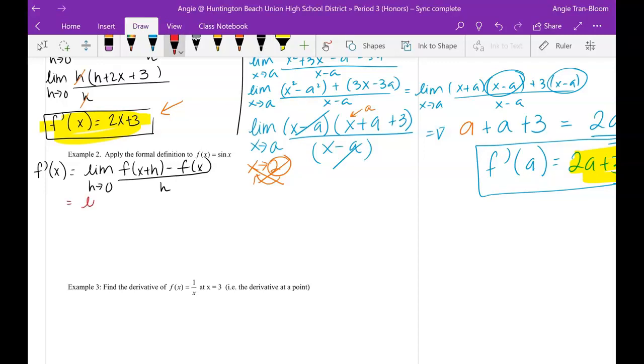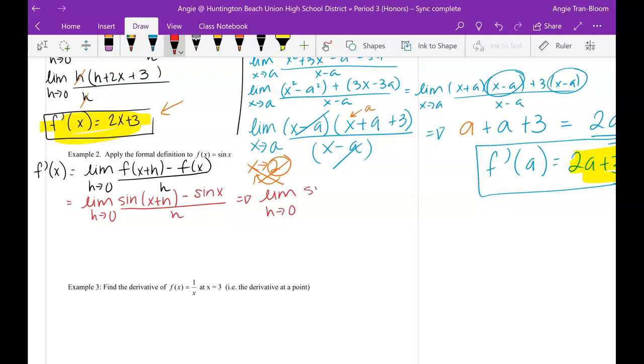So by definition, the limit as h approaches 0, that means I now have sine of x plus h, okay, minus sine of x all over h. And I hope that you remember your sum and difference formula.